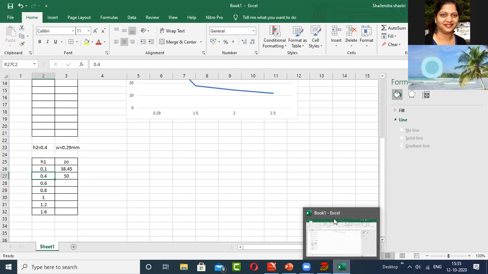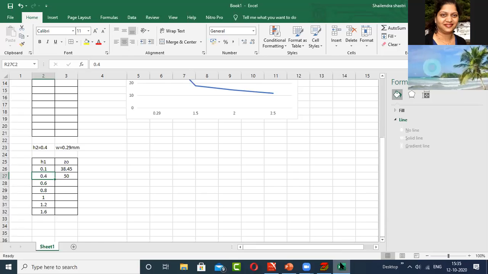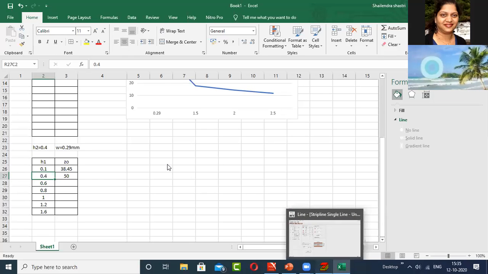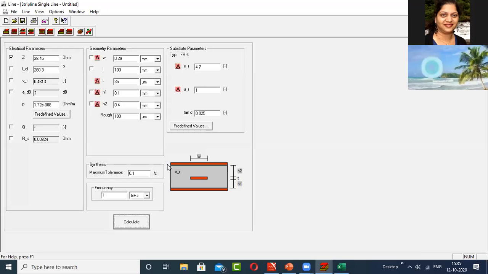So it means that if H1 is smaller than H2, or if the case is reverse, H2 is smaller than H1, then the impedance reduces, and when both are equal and W satisfies the requirement of 50 ohm, then only it is going to be 50 ohm. Otherwise, for smaller thickness, the characteristic impedance reduces. This is one of the conclusions.